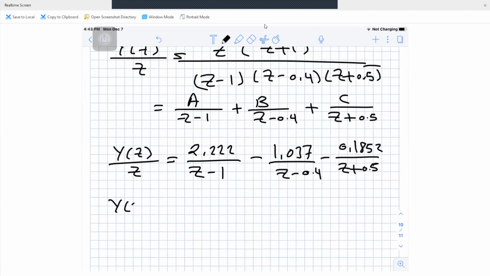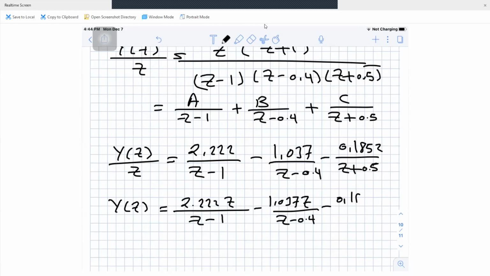Now Y(z) will be 2.22z/(z - 1) - 1.037z/(z - 0.4) - 0.1852z/(z + 0.5).